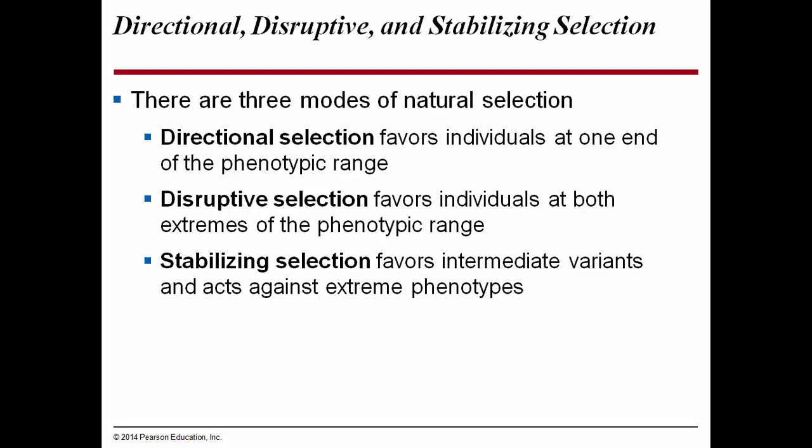There are 3 modes of natural selection. Directional selection, which favors individuals at one end of the phenotypic range, disruptive selection, which favors individuals at both extremes of the phenotypic range, and stabilizing selection, which favors intermediate variants and acts against extreme phenotypes.